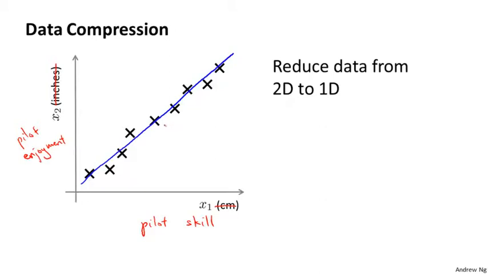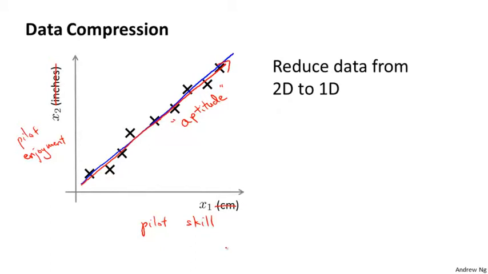And what you really care about might be this direction, a different feature that really measures pilot aptitude. I'm making up the name aptitude, of course, but again, if you have highly correlated features, maybe you really want to reduce the dimension.